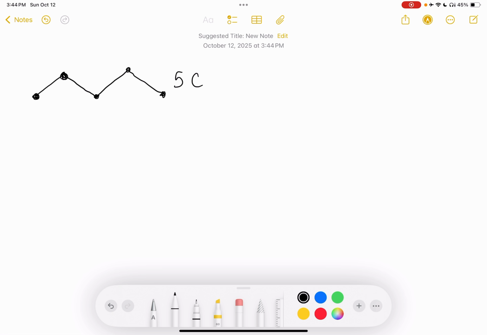All right. How about if we have some guy that's like this? Well, the ends of the lines all get a carbon atom, and then any corners get a carbon atom.